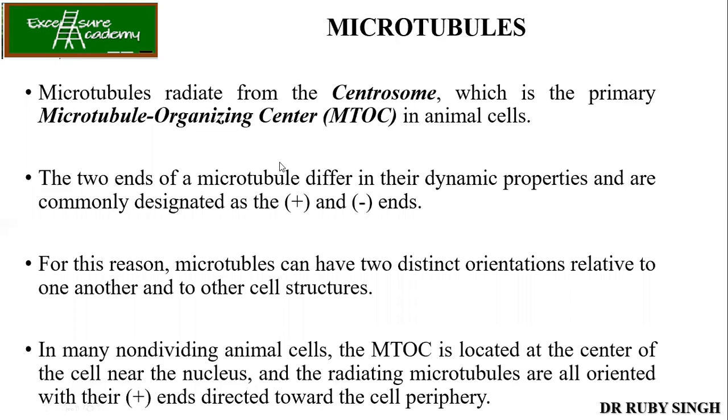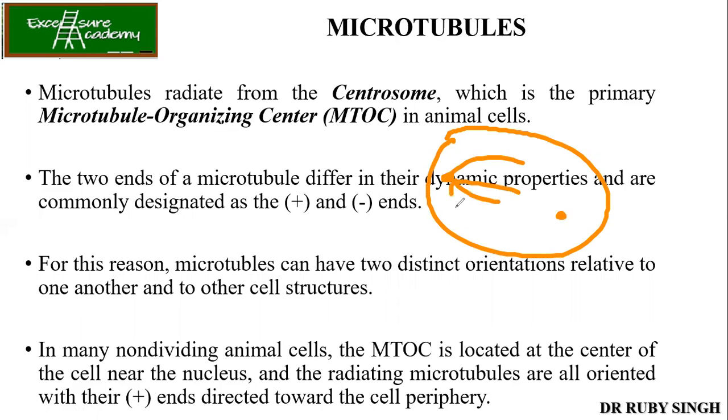When these microtubules start forming inside the cell, you have the centrosome, and from here your spindle fibers or microtubules start radiating. At this end it is called negative and this end is called positive. Why positive? Because at this end more alpha beta tubulins will be added.